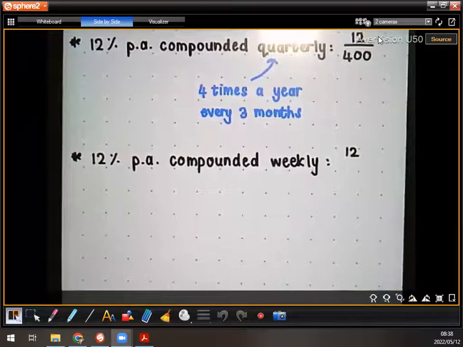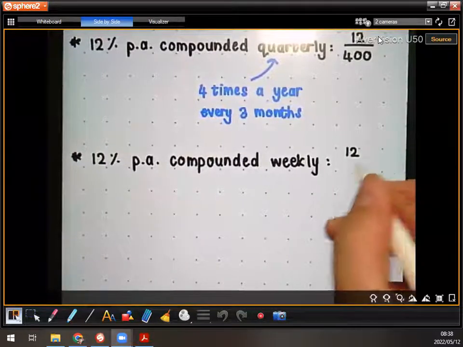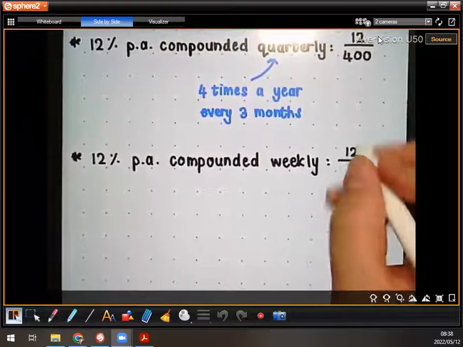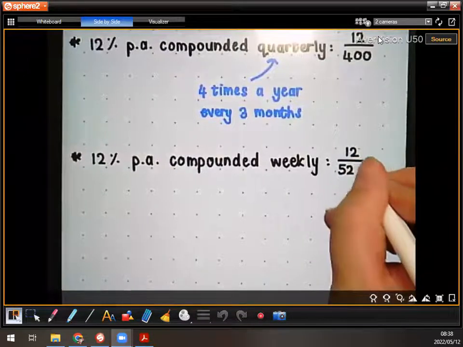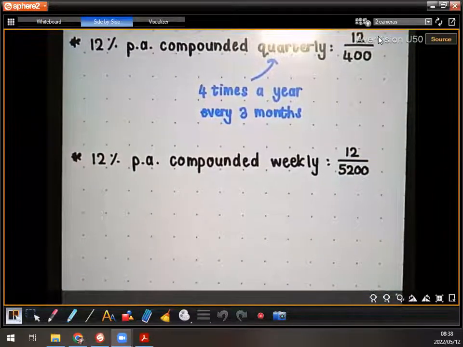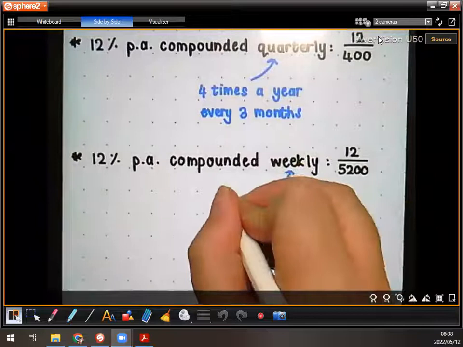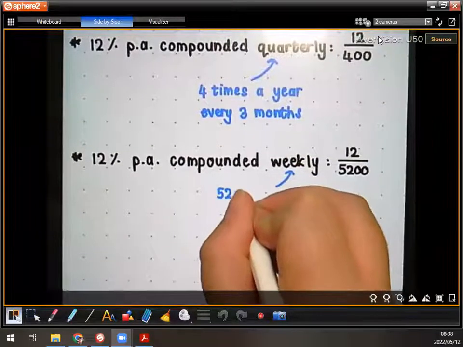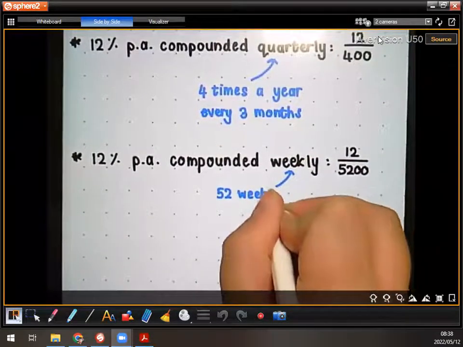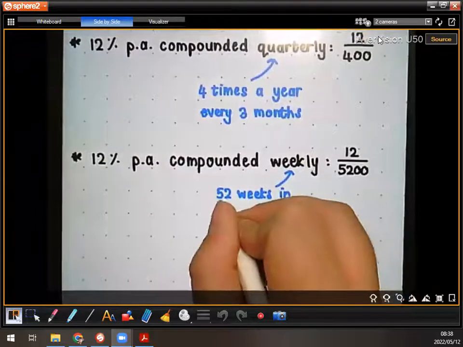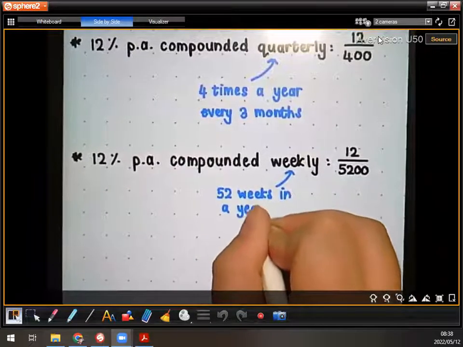And how many weeks are there in a year? 52. So you're going to put it over 5,200. You can add that there are 52 weeks in a year.